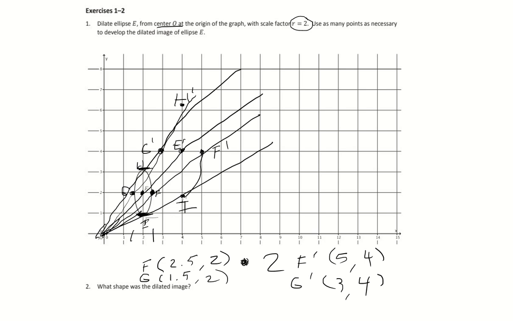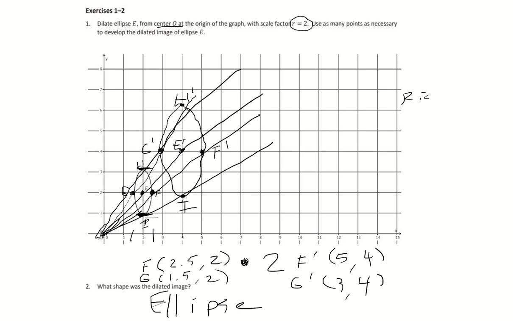We can see here, it's the same shape, and you can draw more dots to create the shape if you want, but what shape is the dilated image? We know it's still the same shape. It's an ellipse, and that's because dilation itself is not a rigid transformation.